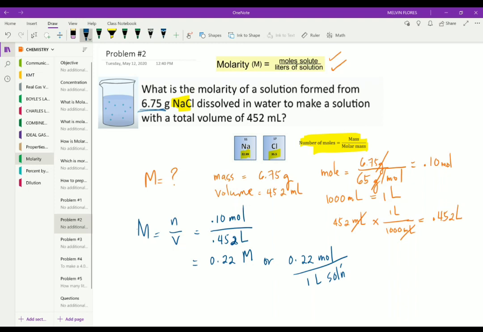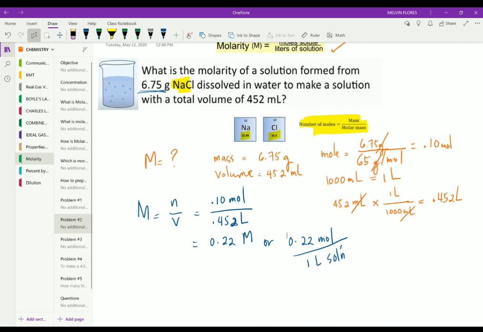When you need help, you can use the Lenntech calculator to calculate the molar mass. I've shown you that before.